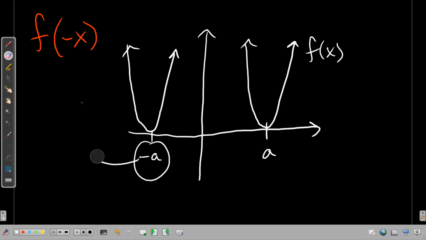So it gives you the same y value. Then evidently all that's happened is there is just a reflection about the y-axis. Or you could say across the y-axis, but probably a reflection about the y-axis.